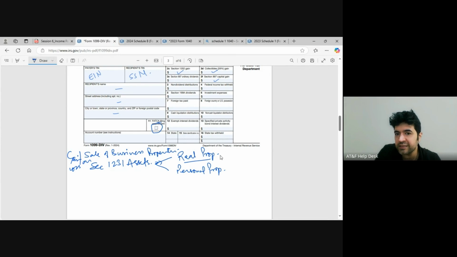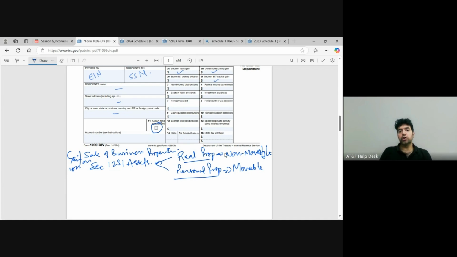Real properties are non-movable tangible property, whereas personal properties are movable tangible properties. So movable means you can shift that asset from one place to another, like vehicle, furniture, equipments. Non-movable means you cannot shift it from one place to another, like building, land.